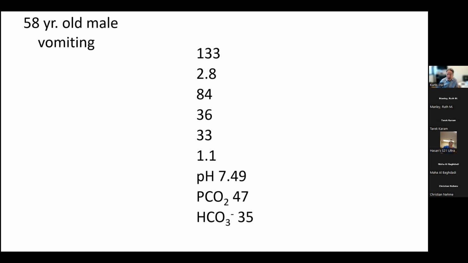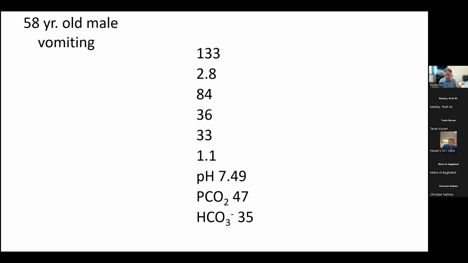And you can check the total CO2 to see if it indeed is above the bicarbonate by 0.03 times the PCO2. You should check that in every patient. So you take the bicarbonate from the blood gases, you add 0.03 times the PCO2, and it should equal the total CO2 if all three are correct. It's just a nice little internal check.